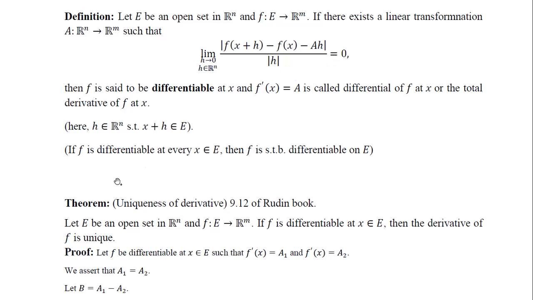So that is the definition of a function of several variables to be differentiable at this point x, and the derivative of the function f at x to be this linear transformation A.